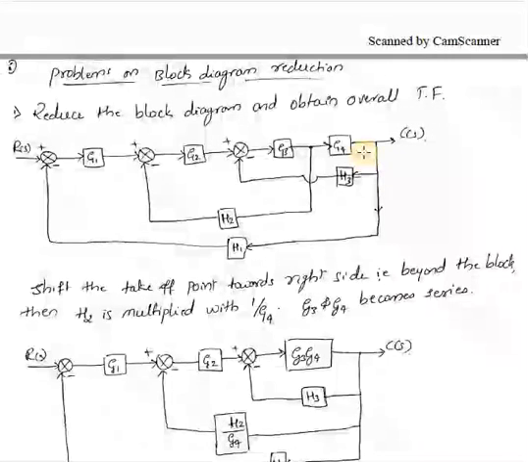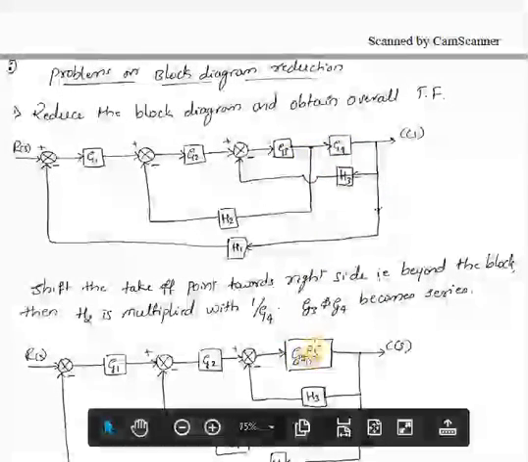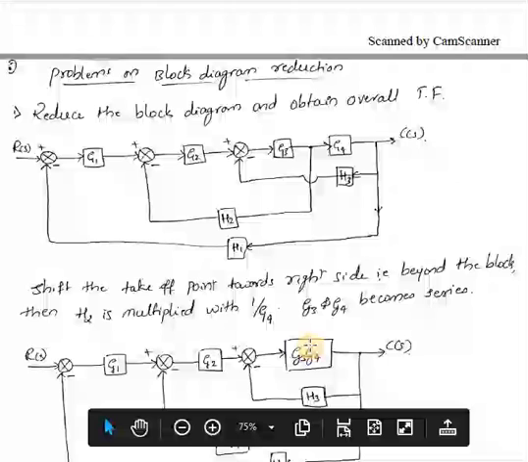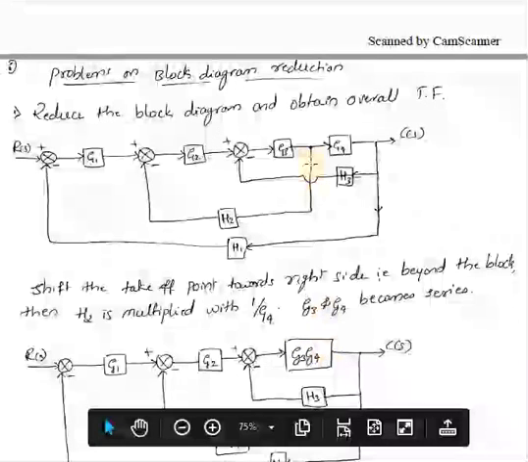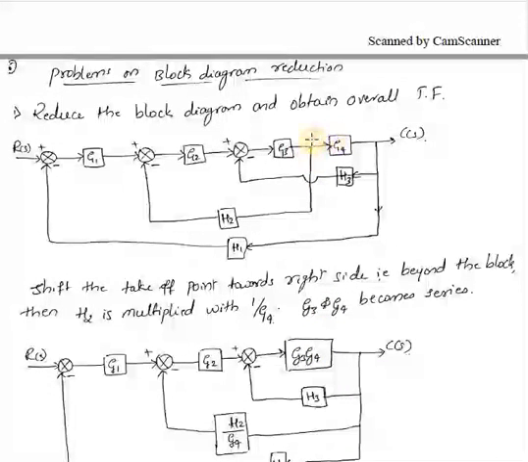When you are shifting the takeoff point after the block, that time you have to divide that signal by the transfer function, that is 1 by G4. That time this G3 and G4 will be in series combination. So I can replace these two blocks by a single block by writing the transfer function as G3 into G4, because when you shift this takeoff point, they will become series.